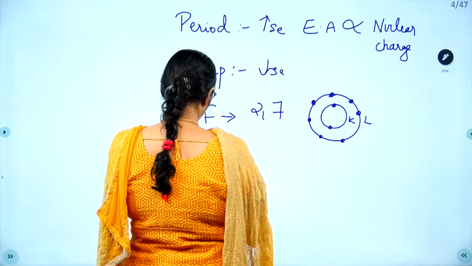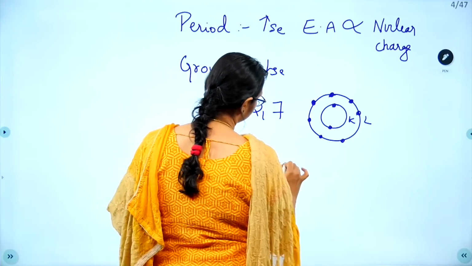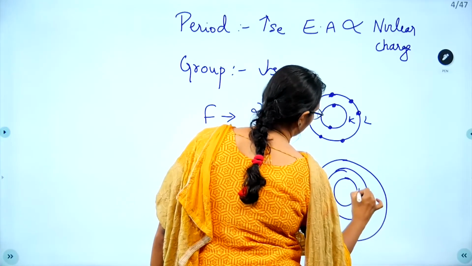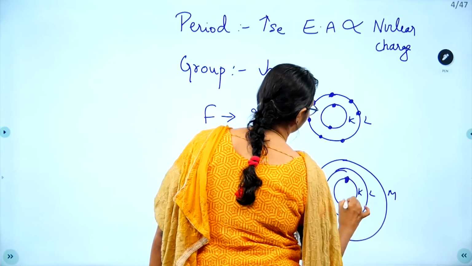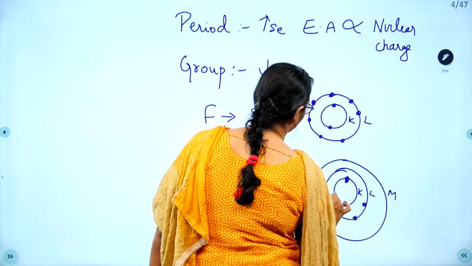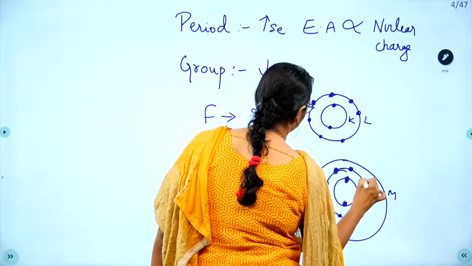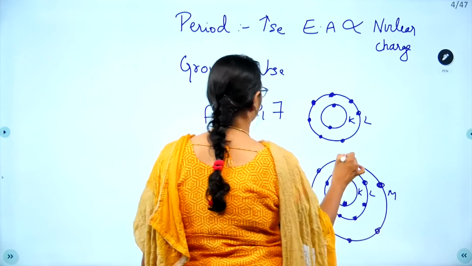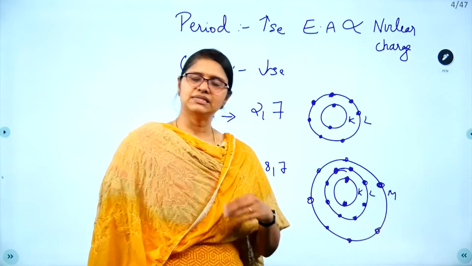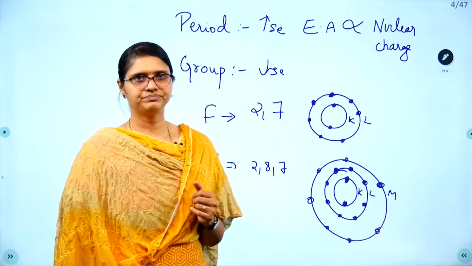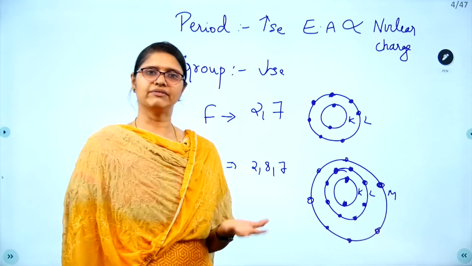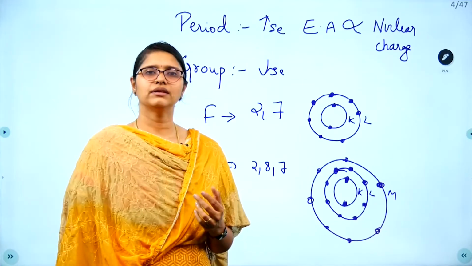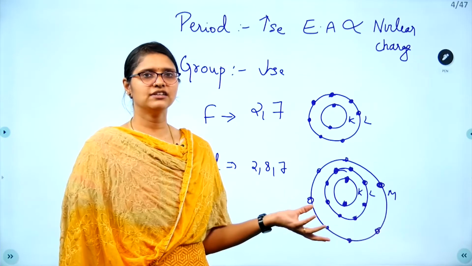Now chlorine is 2, 8, 7: K, L, M. The L shell capacity is 8 electrons, but here there are 7. For chlorine, the M shell is supposed to hold 18, but only 7 are there.